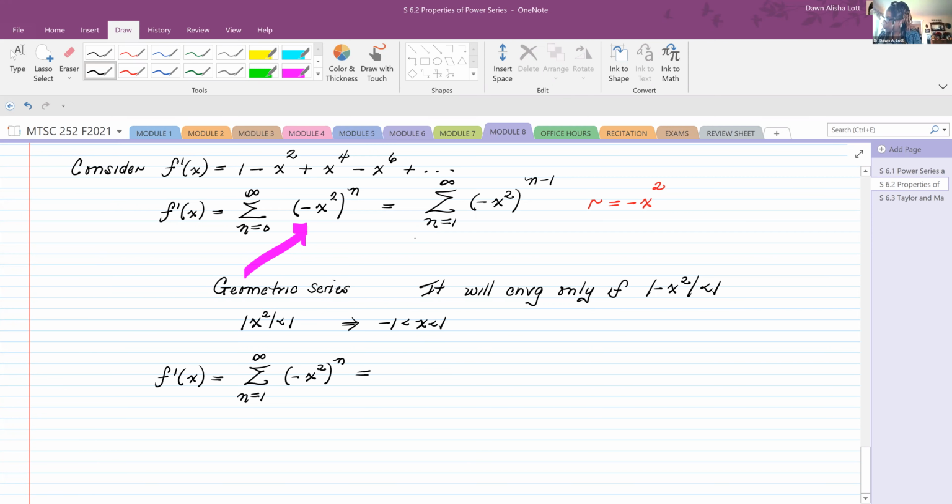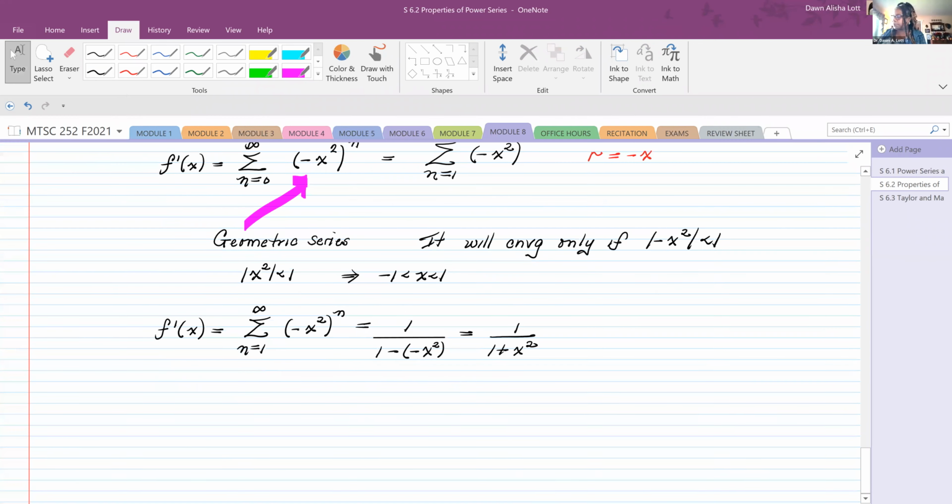A is 1, so I get 1 over 1 minus r, and 1 minus r is 1 minus negative x squared. So this thing sums to 1 over 1 plus x squared. So now I know f prime is 1 over 1 plus x squared.